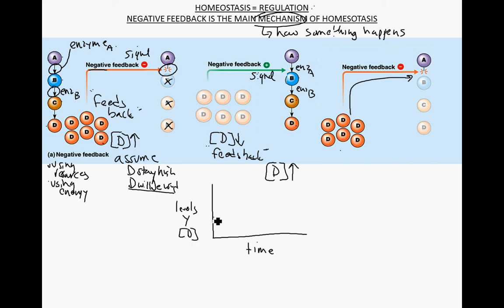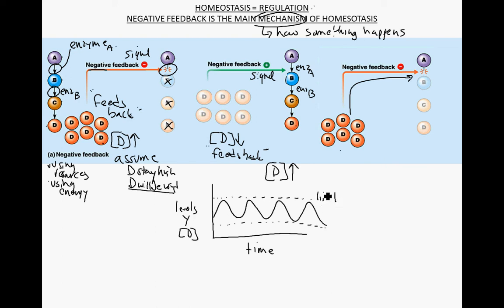You're going to have this constant increase and then decrease and an increase and then decrease and an increase and a decrease of this D, where you have this upper limit and you have this lower limit.